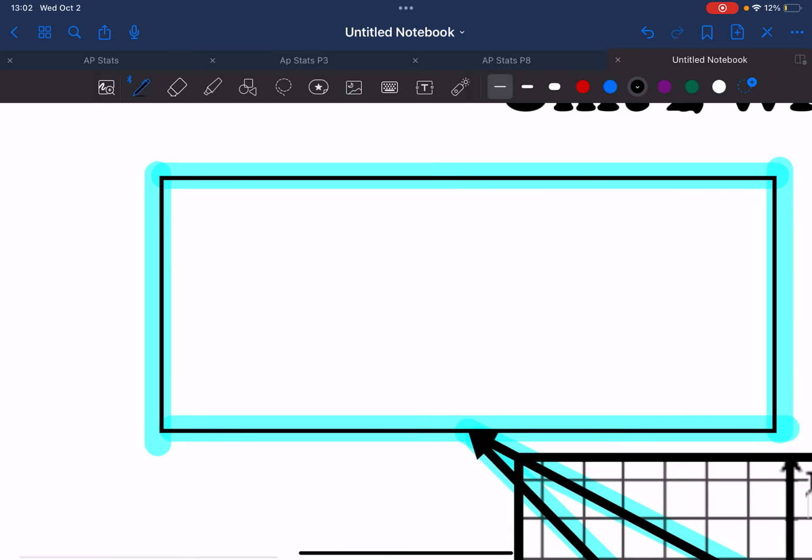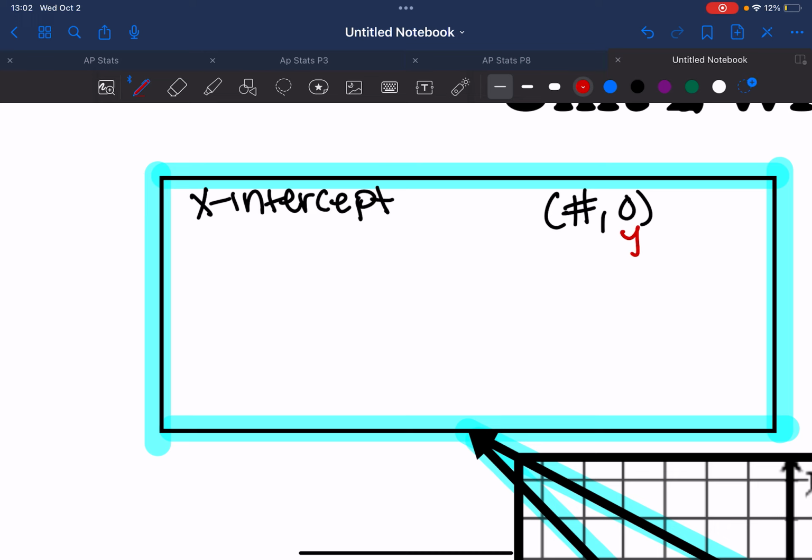So this is the x-intercept. We know something is the x-intercept if our y value is 0. So this is our y value. Last year in Algebra 1, you probably remember learning about the acronym ROCKS.